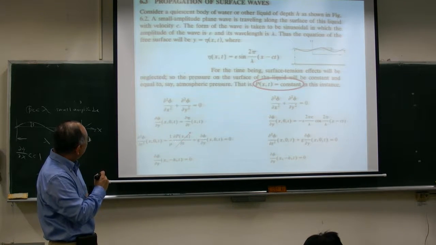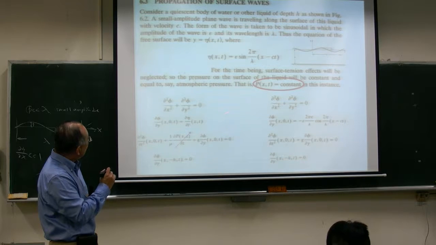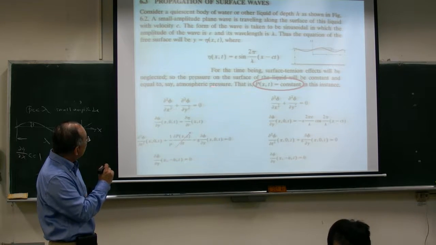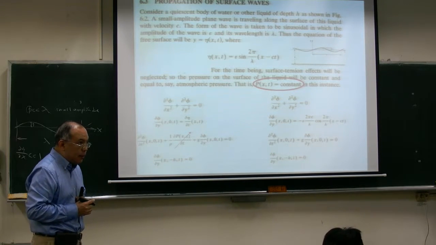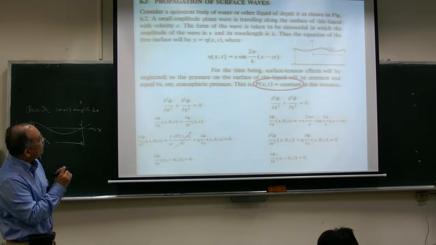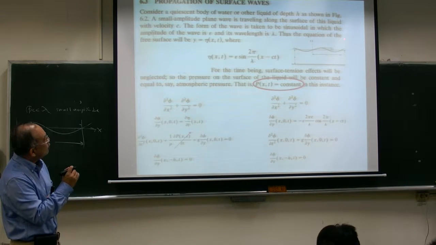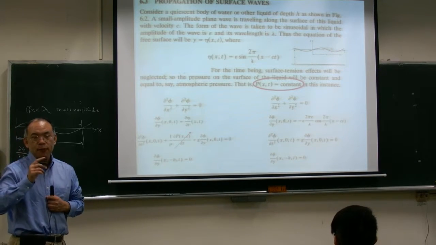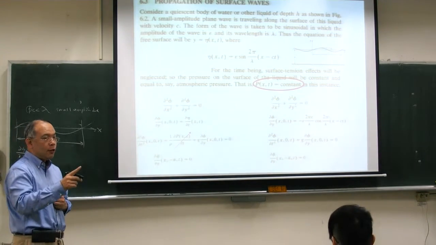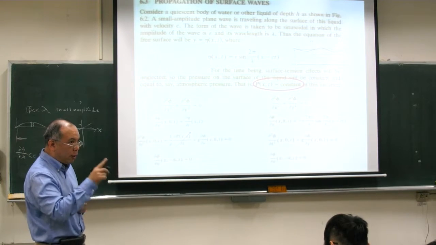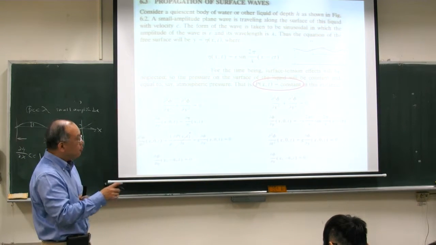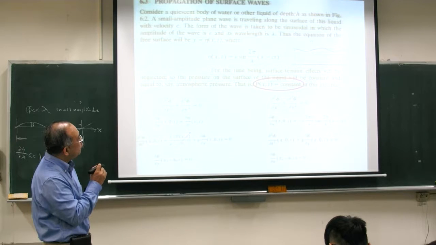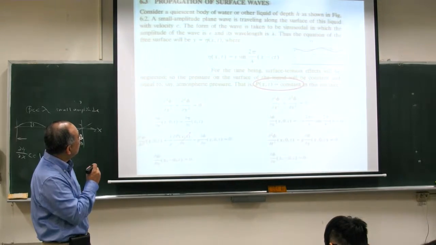So the pressure here is not a function because outside we assume it is all atmospheric pressure. Okay, so outside this interface here, this is liquid, this is air, and we don't consider surface tension yet. If you consider surface tension later, okay, but right now we don't. And when you don't consider surface tension, the pressure above is all atmospheric pressure.